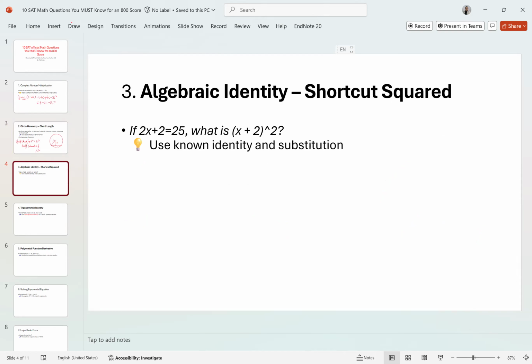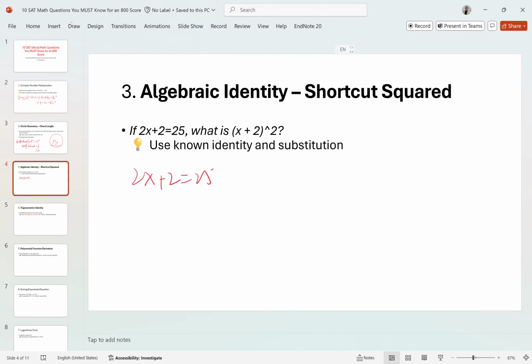For the third question, which is related to the algebraic identity, the shortcut squared, the question is like: if 2 times x plus 2 equals 25, then what's the square of 2 plus x plus 2? We would use the known identity and the substitution, right? So we would solve it like this. 2 times x plus 2 equals 25.